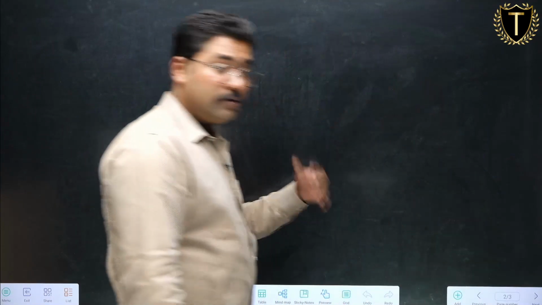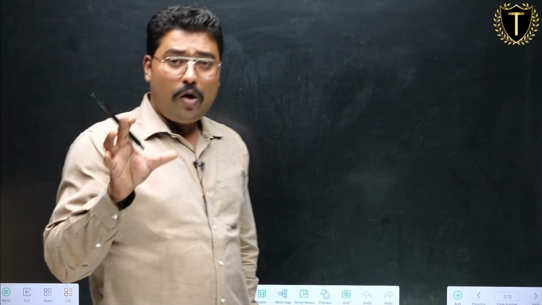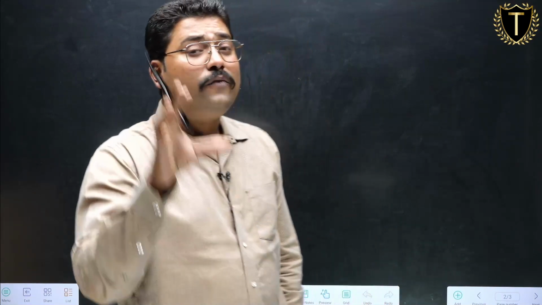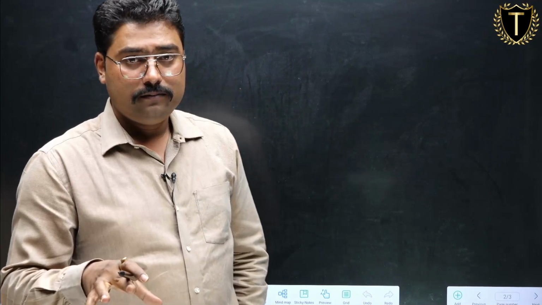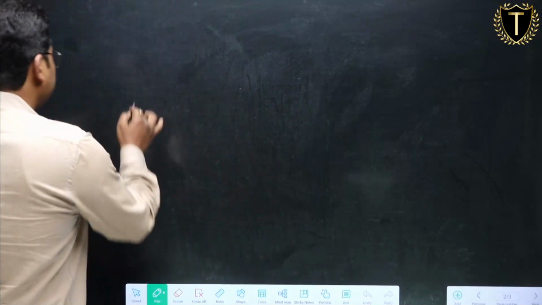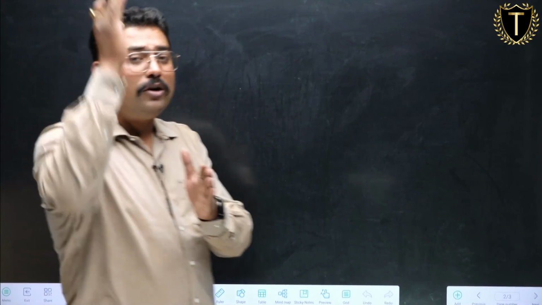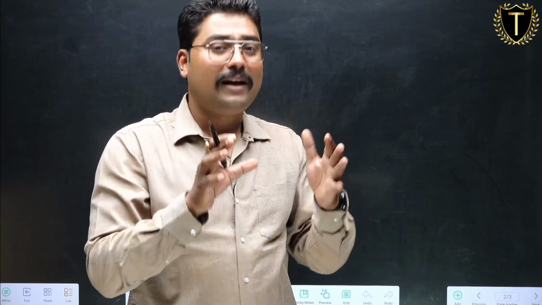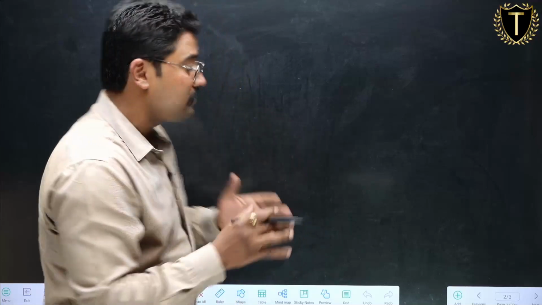Now if we move on to the next part: what is the cause, or why are the seasons changing, why are the length of day and night changing, or why is the sun migrating? Simply, because our Earth is technically not straight, but rather it is tilted or inclined. In other words, we can say it is inclined on its axis.